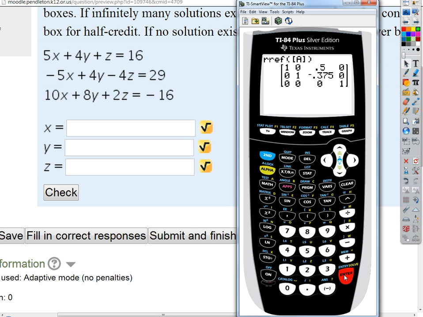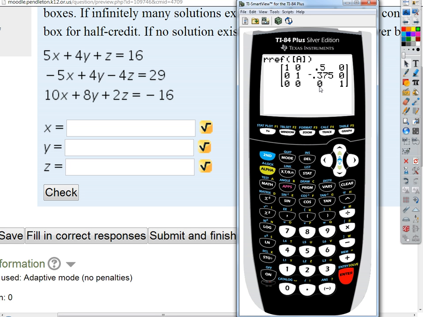Okay, now interpret this one. This is weird. The top one says x plus 1/2 z equals 0, right? This one says y minus 0.375z equals 0, but the bottom one is weird. This doesn't look like the last matrix, does it? The last time we did this, remember, the first square part of the matrix looked like all ones in the diagonal and all the rest were zeros.